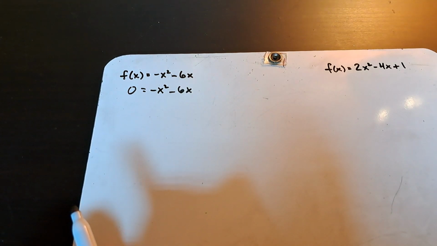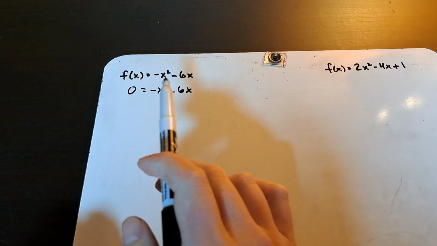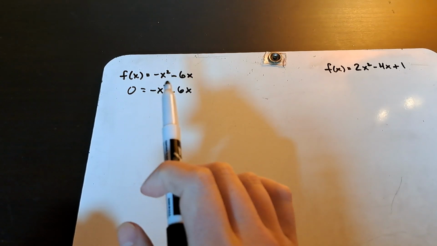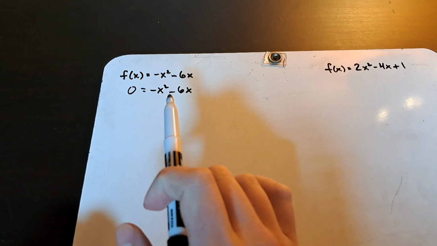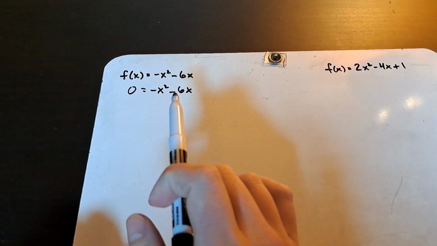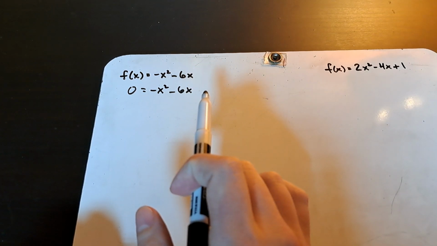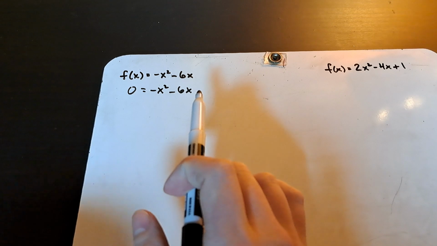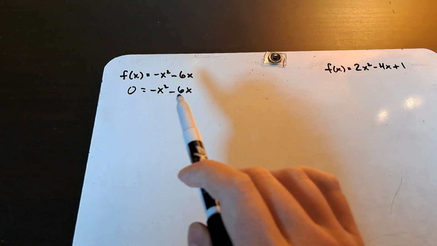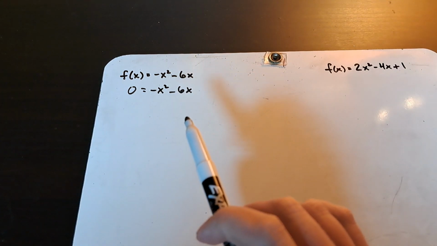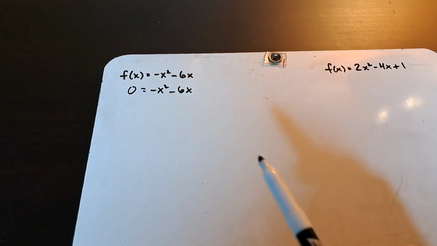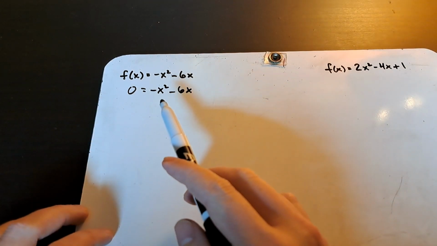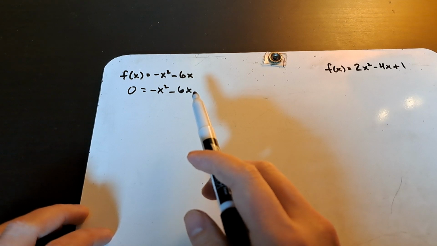The reason I'm doing that first is that this kind of equation is much easier to factor without that number on the outside. If I look at these two terms, I have a greatest common factor, and it's just going to be x.